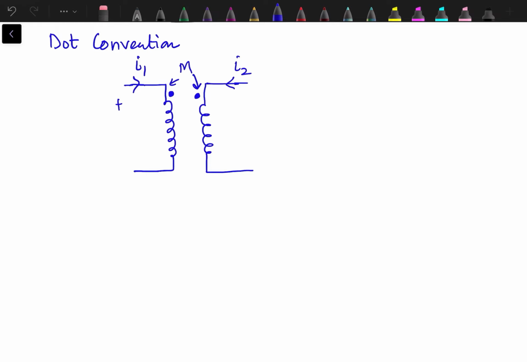If we have to write the induced EMF in the first coil as well as in the second coil, then E1 will have two components: self-induced EMF and mutually induced EMF. Similarly, E2 will have again two components, self-induced EMF and mutually induced EMF. As per the dot convention, we will see whether the mutually induced EMF is in the same direction as the self-induced EMF or opposing it.